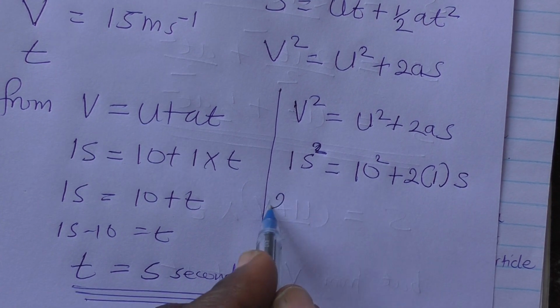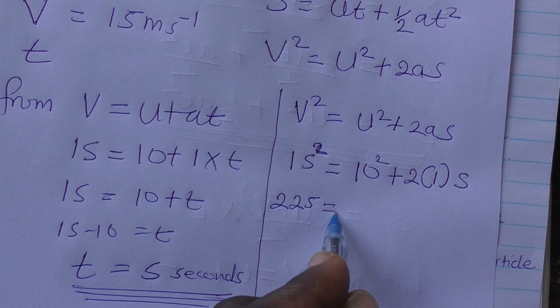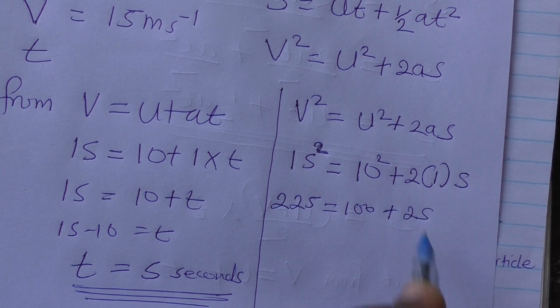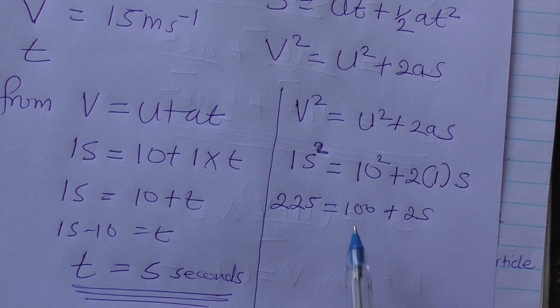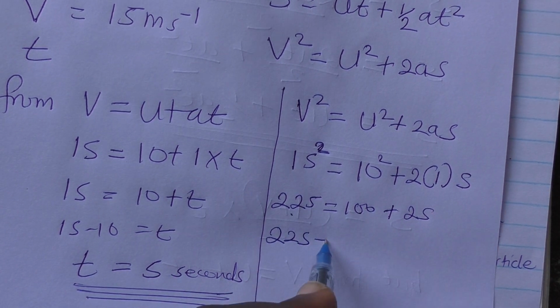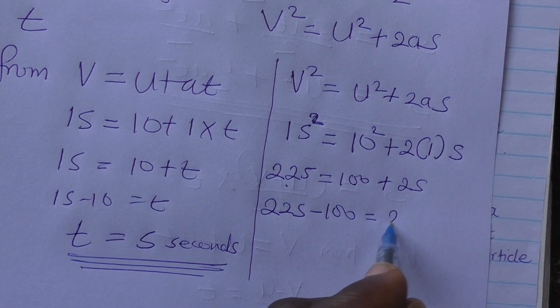So this gives us 225 equals 100 plus 2s. So when this one crosses the equal sign, it becomes 225 minus 100 equals 2s.